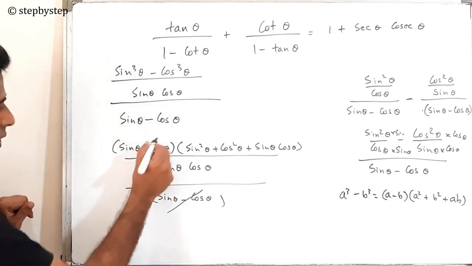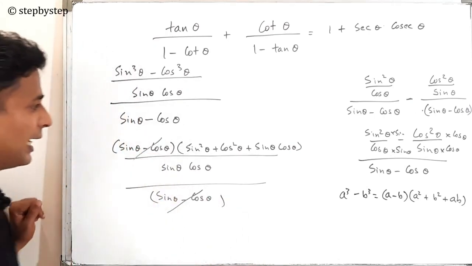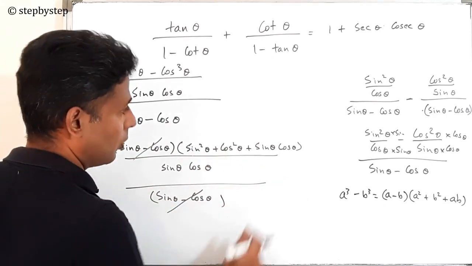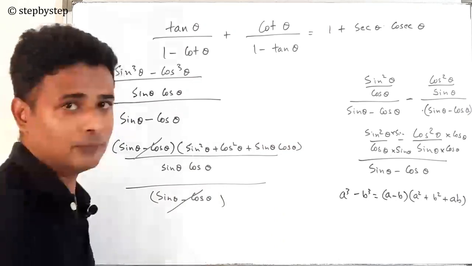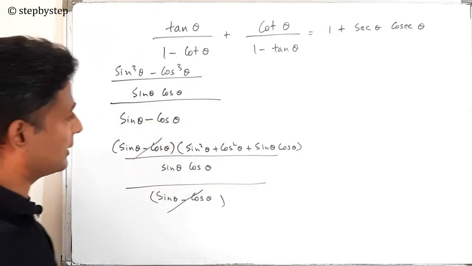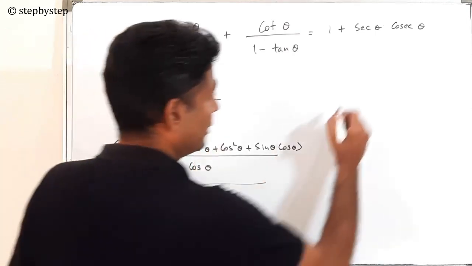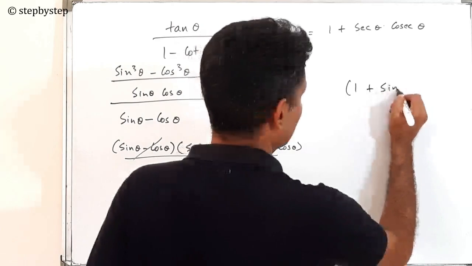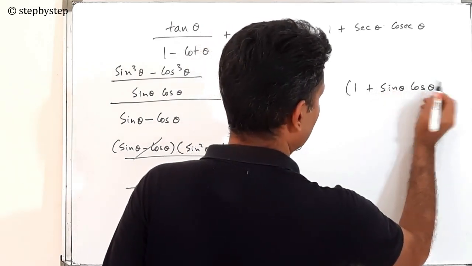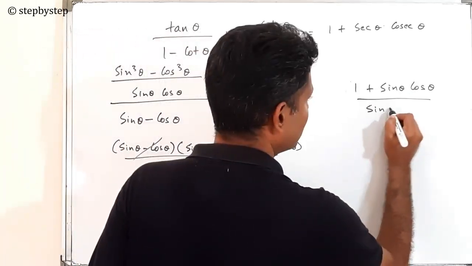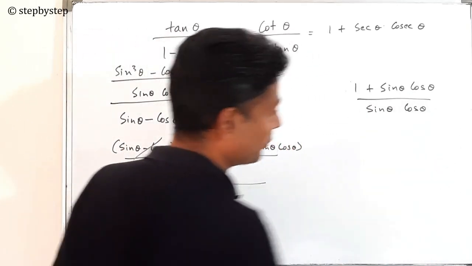Now sin theta minus cos theta will cancel. Sin square plus cos square becomes 1. So okay, I'll have to erase that side. Now continuing from here, this and this have cancelled, we are only left with this. But sin square plus cos square is 1, plus sin theta cos theta by sin theta cos theta. So we get sin theta cos theta. Now this is what we have got.